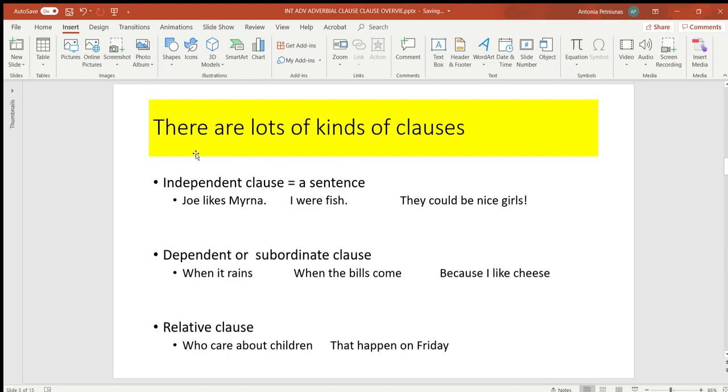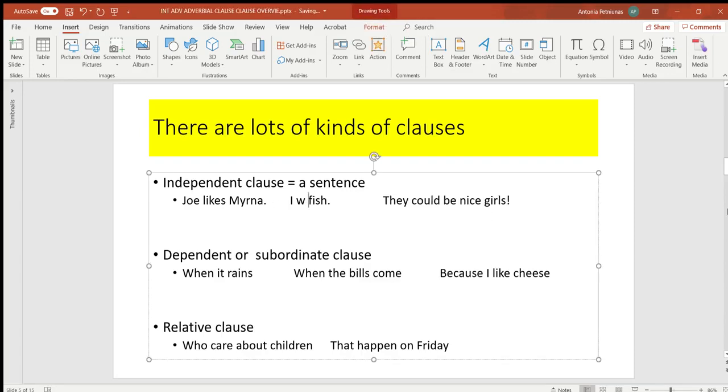There are many kinds of independent and dependent clauses. Many sentences or independent clauses are things like, Joe likes Myrna. I had fish. They could be nice girls.